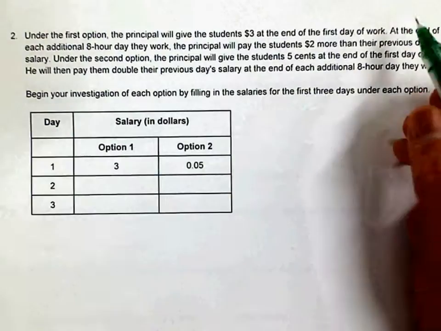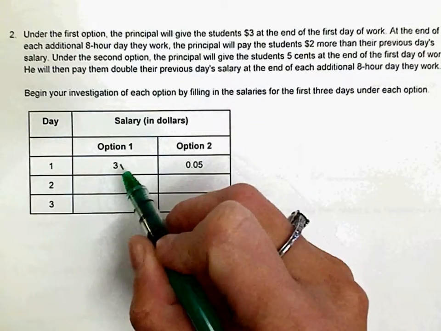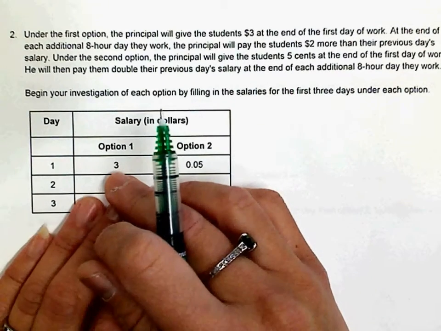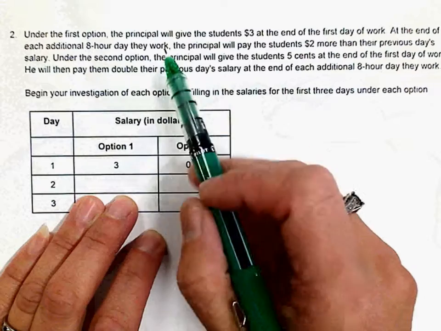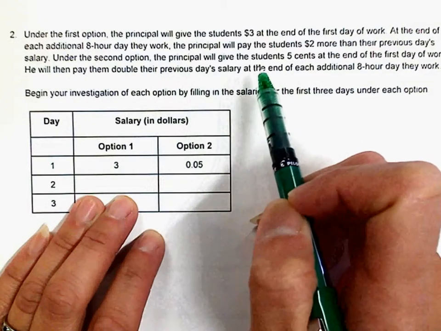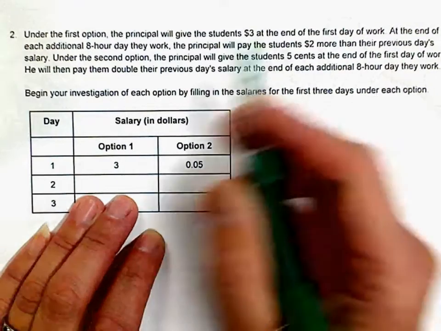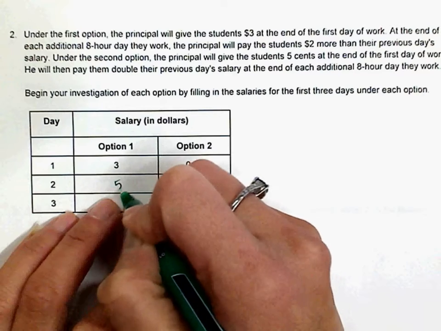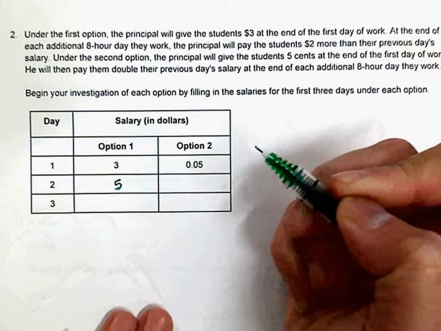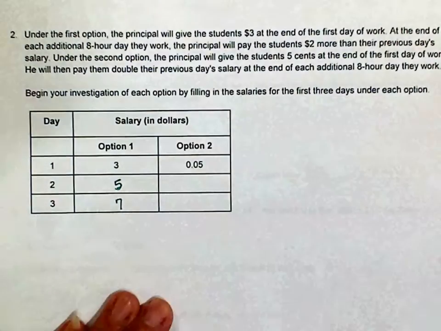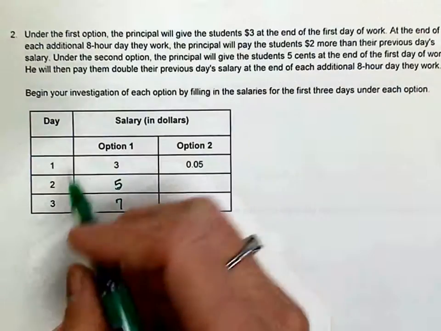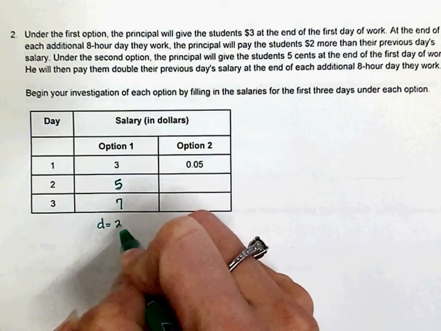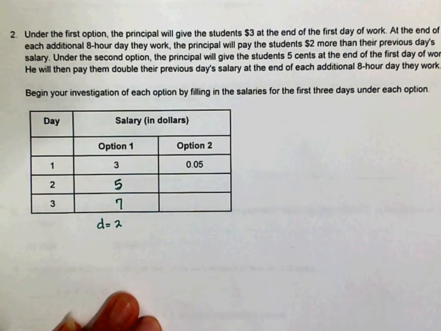Okay, all right, so at first he pays them $3. At the end of each additional 8-hour day they work, the principal will pay the students $2 more than the previous day's work. So that second day he's going to pay them $5. On the next day he's going to pay them $7. Notice that you are increasing by $2 every single day.